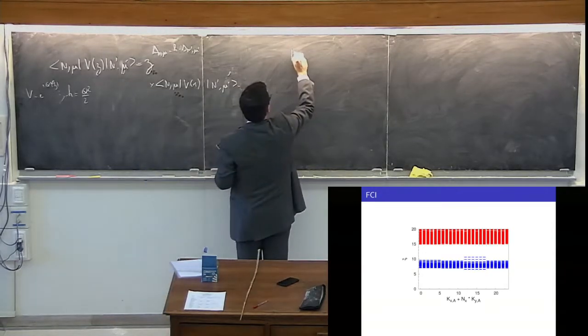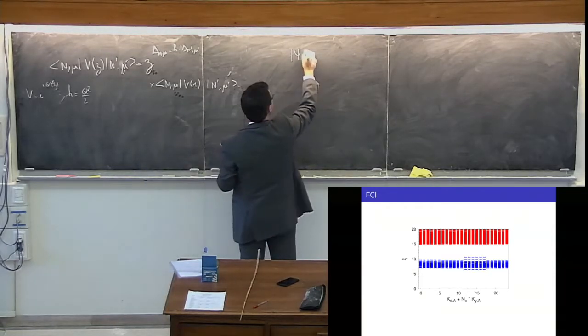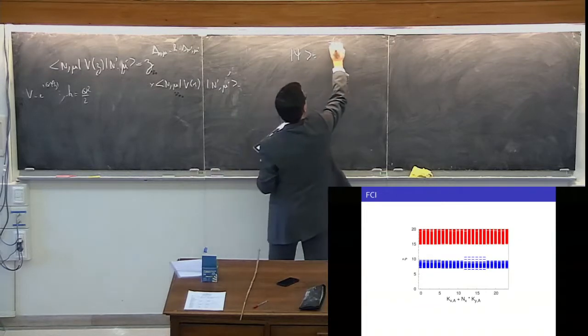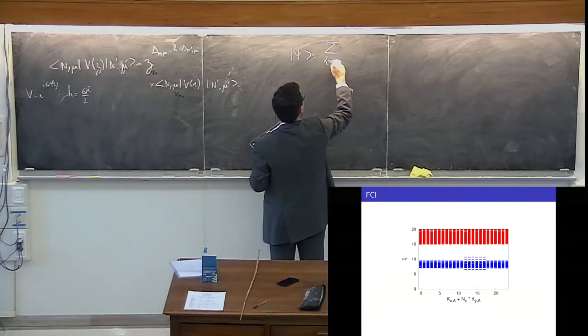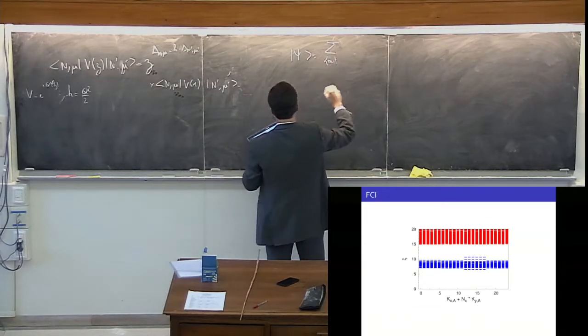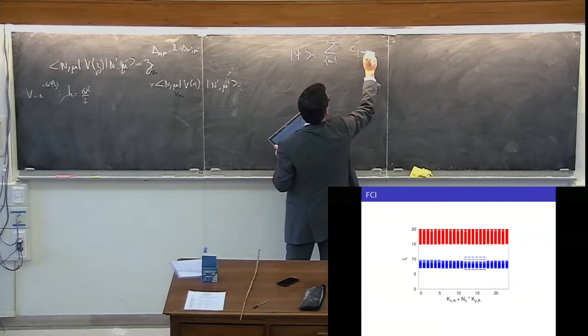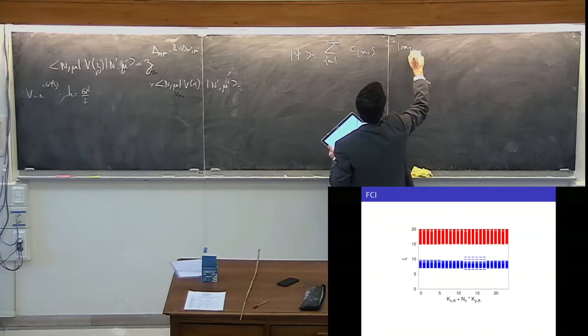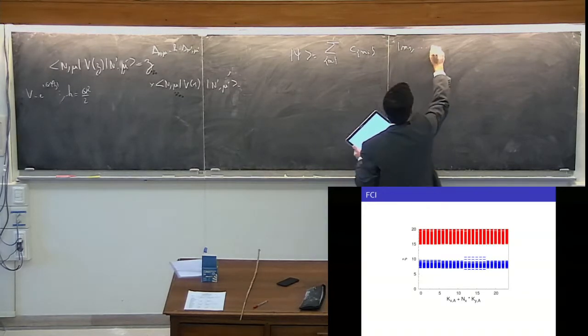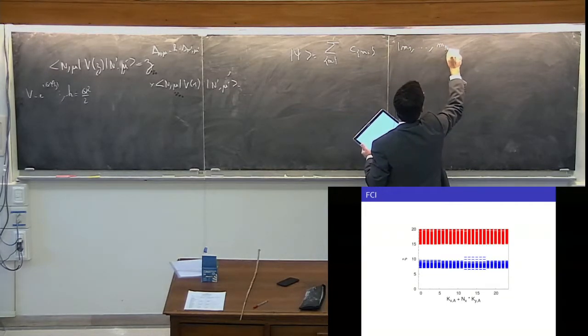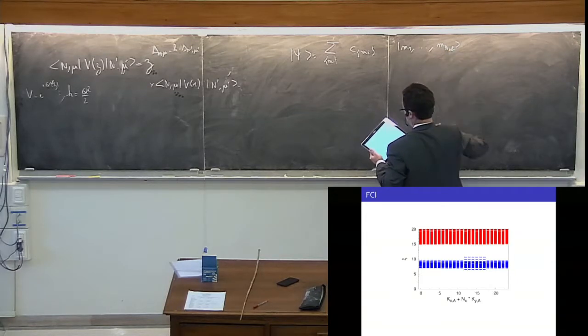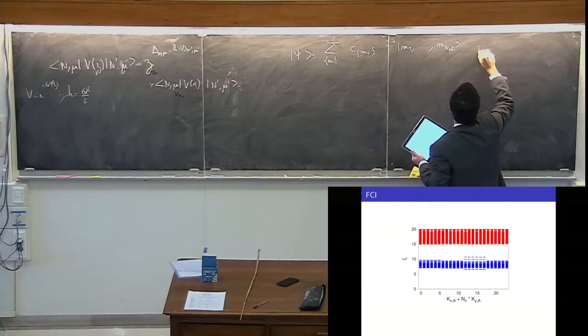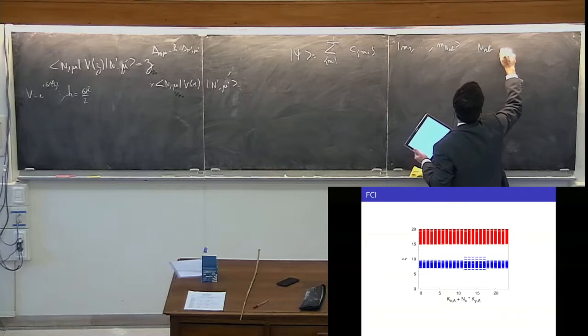So remember that we want to decompose our state psi onto a many-body basis, be it the occupation number basis, where n orb is the number of orbitals.